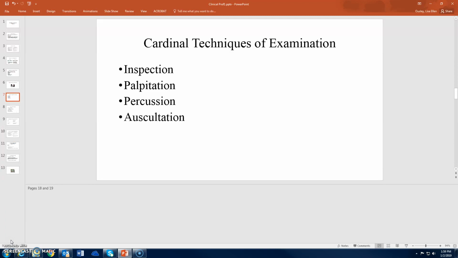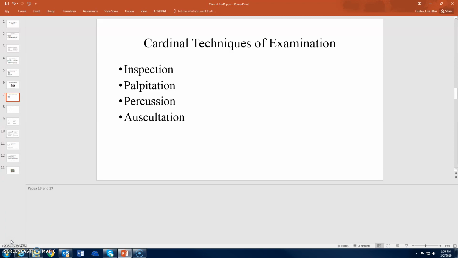So there are 4 cardinal techniques of evaluation: inspection, palpation, percussion, and auscultation. And I definitely think the advantage, we're already nurses. You're becoming advanced practice nurses. So you are adding to what you already know how to perform.